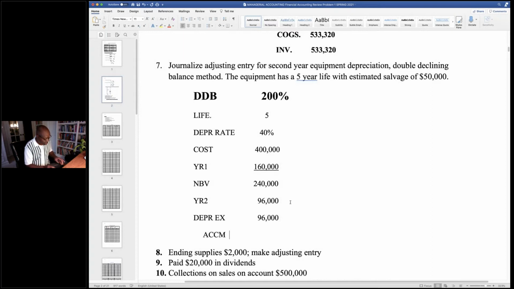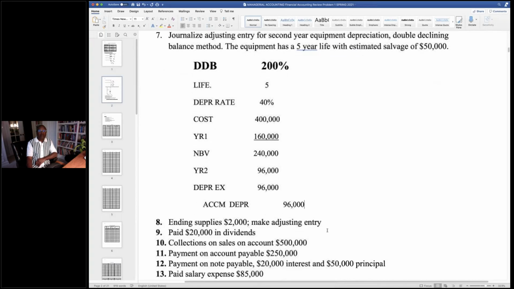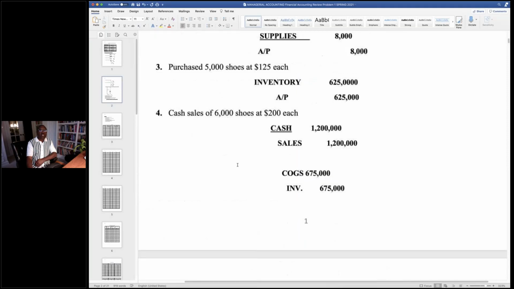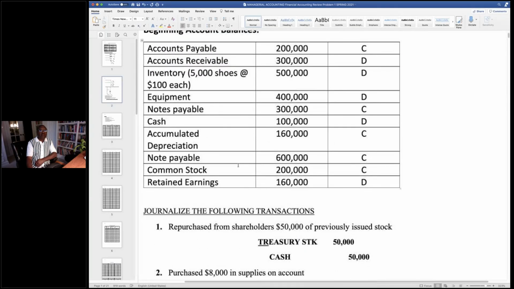Accumulated depreciation for 96,000. Any questions? What does ACCM stand for? Accumulated depreciation. I just abbreviated it.